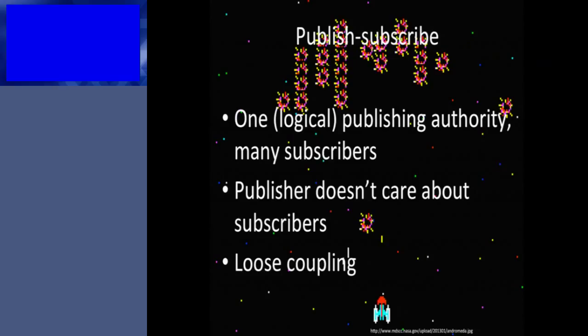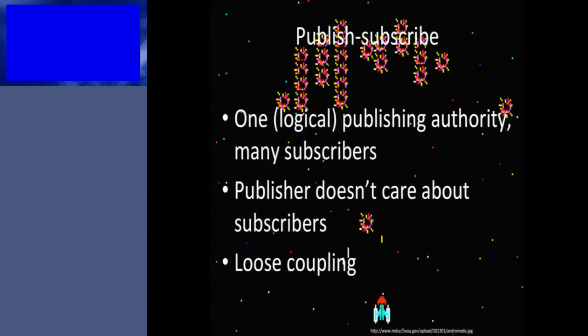Most often than not, those components belong to different services. And one of the service-oriented architecture pillars says that services are autonomous, and publish-subscribe is the tool that allows us to guarantee the autonomy of our services, because neither a subscriber nor a publisher knows much about each other.